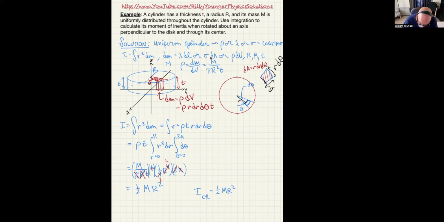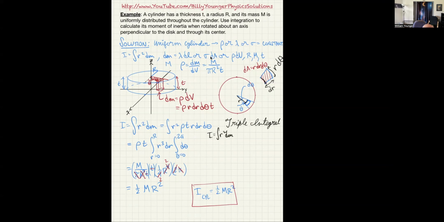In principle, like I said, you could have done it with a triple integral, and that's not too terribly bad. In fact, let me go ahead and show you just what I would do instead. If I was doing a triple integral, let's write it in black. I would still be equal to the integral of r squared dm.